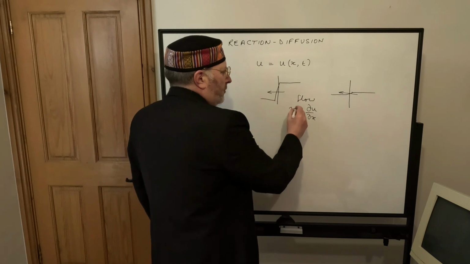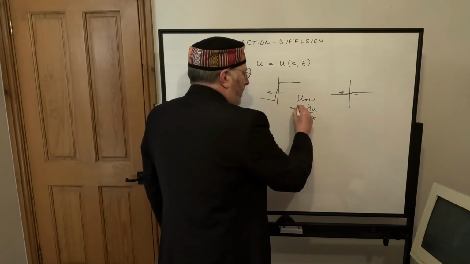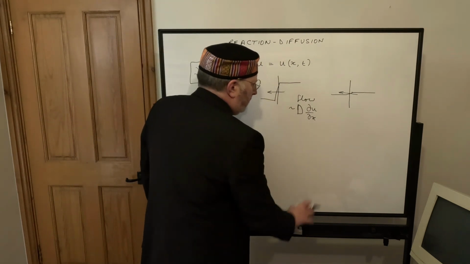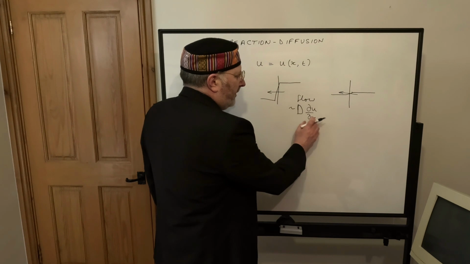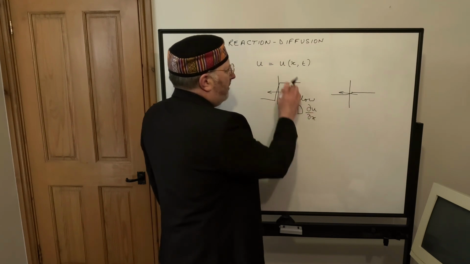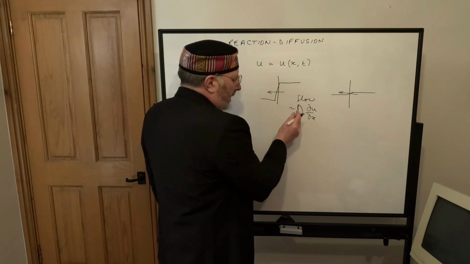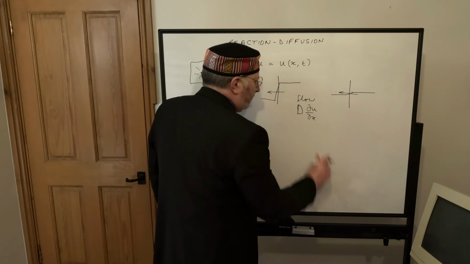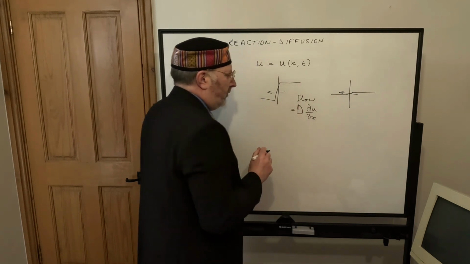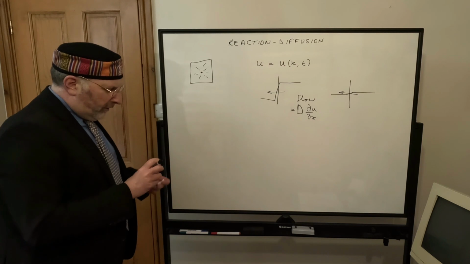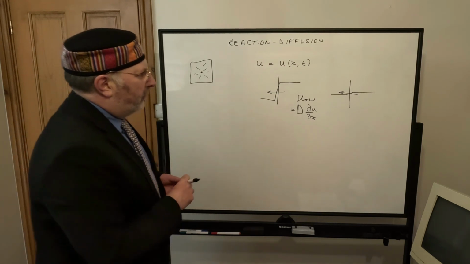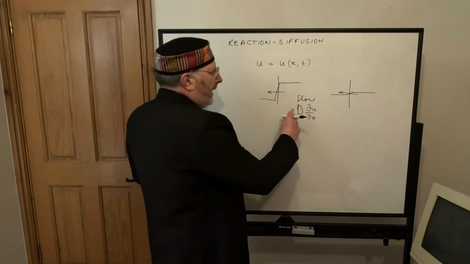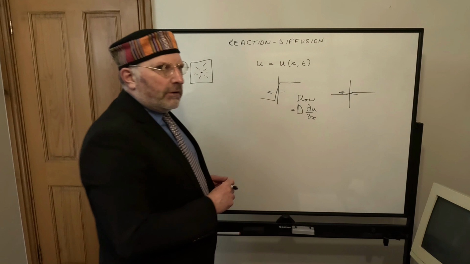So the flow is proportional to du by dx, and we're using a partial derivative because it depends on both x and t. And to make it an exact formula, we say the flow is equal to a constant D times du by dx. So it's a constant D times the gradient. And this D is the diffusion constant.